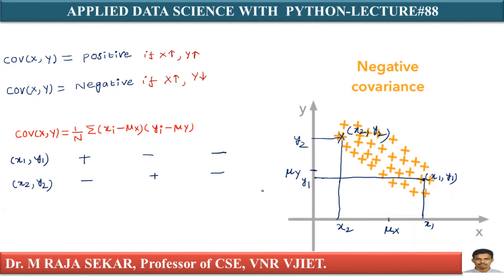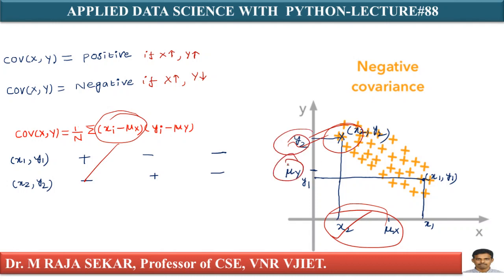In a similar manner, take x2, y2. There is another point x2, y2. This is x2, this is y2. What happens? x2 is smaller than mu of x, so x2 minus mu of x is a negative number. Again, y2 is bigger than mu of y, therefore y2 minus mu of y is positive.